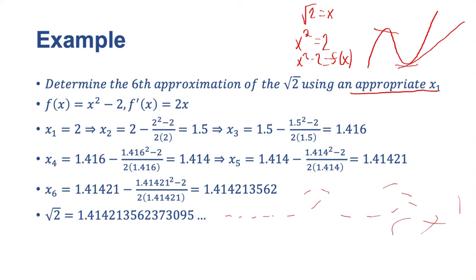All right, and we can see just how accurate our approximation is. We made a really accurate approximation here, and this is to the 1, 2, 3, 4, 5, 6, 7, 8, 9 decimal points. So that is a pretty good approximation, I would say.